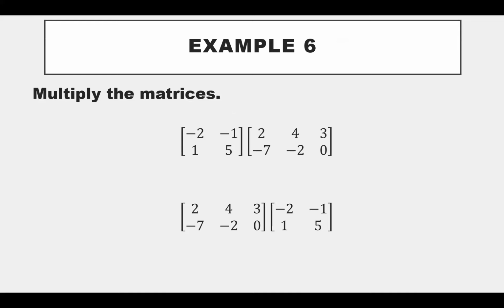Here we have in the first case a 2 by 2 matrix multiplied times a 2 by 3 matrix. In the second case, I have a 2 by 3 matrix multiplied times a 2 by 2 matrix. If you want to try these on your own, go ahead and push pause on the video, see what happens. Otherwise, I'll show you how to do it in a couple of seconds.